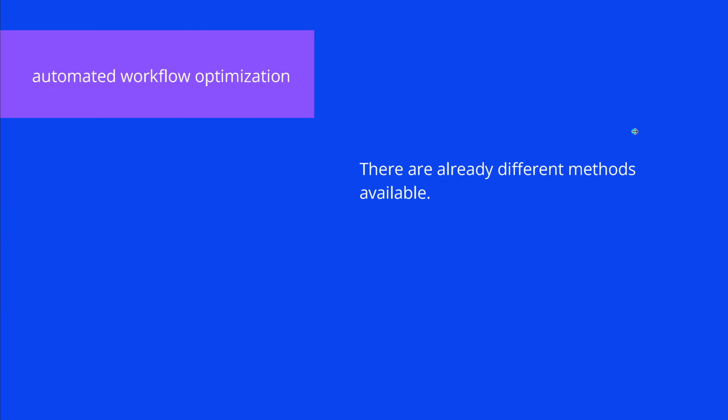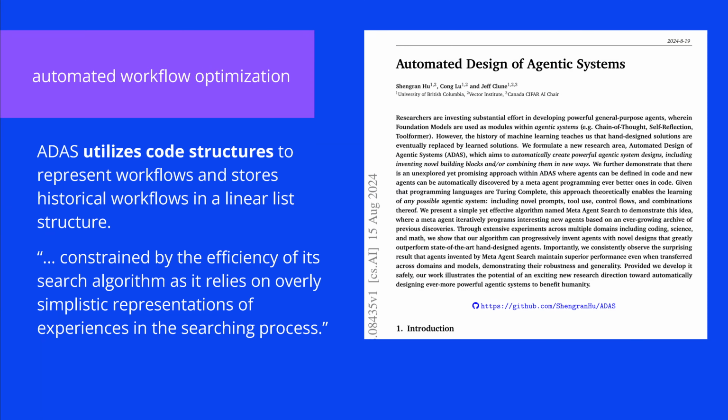But there are already different methodologies available. So let's have a look at one of them that I like, for example. And we have here from mid of August 2024, automated design of agentic systems. And they utilize code structures to represent workflows and store the historical workflow simply in a linear list structure.